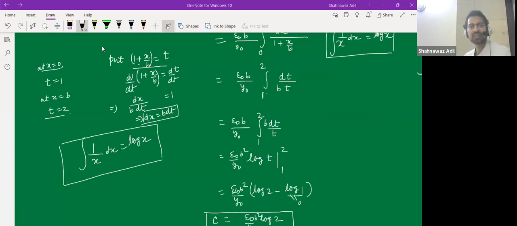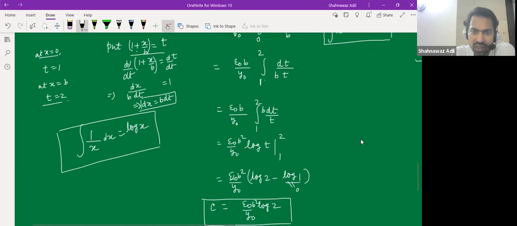And I will explain this again in the next class. If you guys have any doubt, please ask me in the next class. Today I could not talk about it in this detail. In the next class, if you have any doubts, you ask and I will explain.